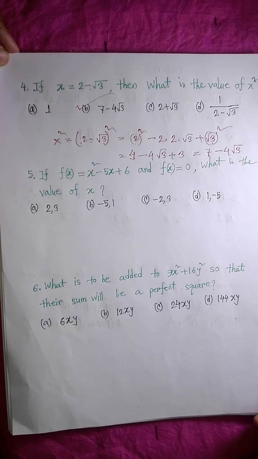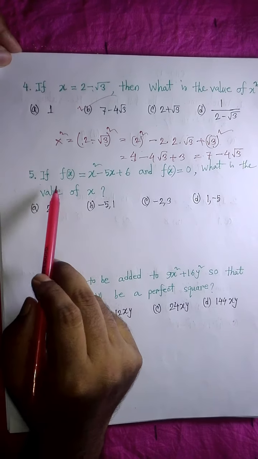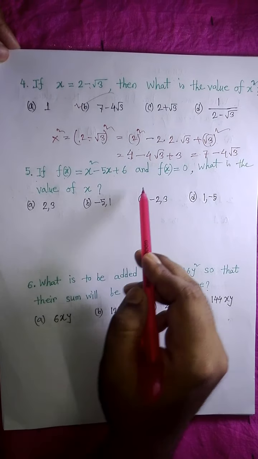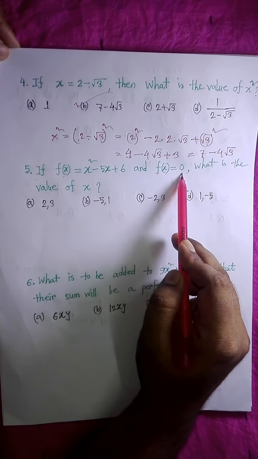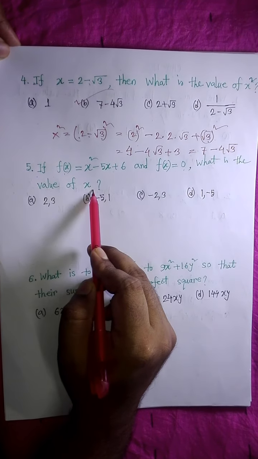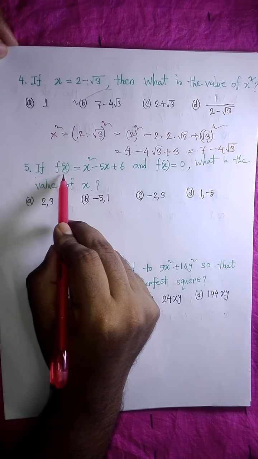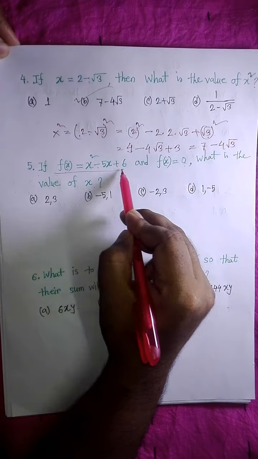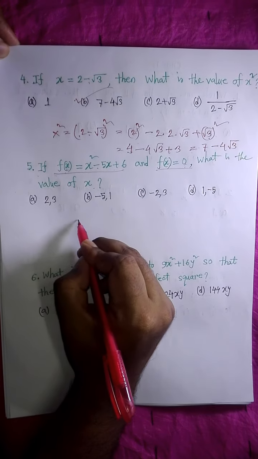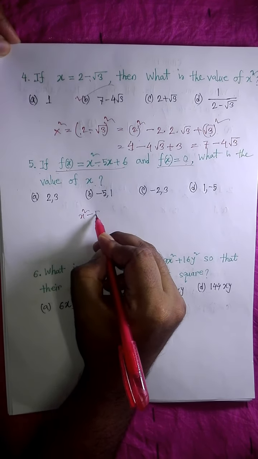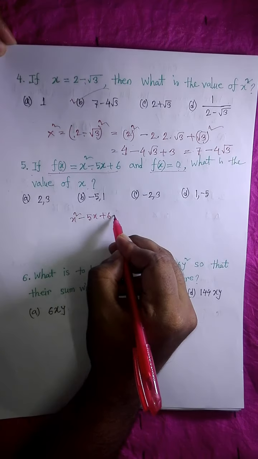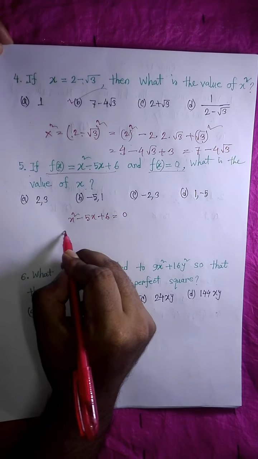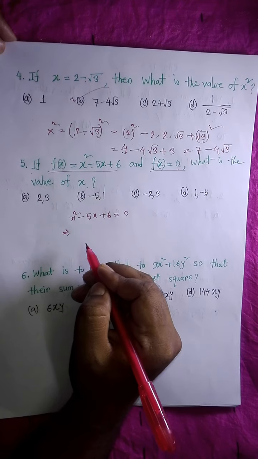Now question number 5: if f of x equals this and f of x equals 0, what is the value of x? Here the value of f of x is this and 0, so from these two equations we can write x square minus 5x plus 6 equals 0. Then you all know the middle term method.